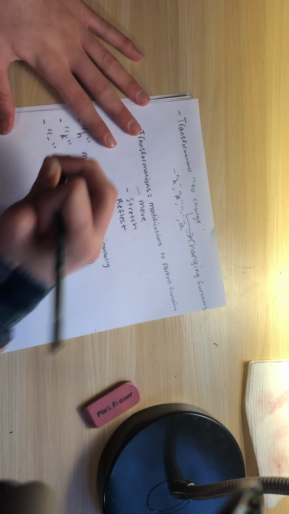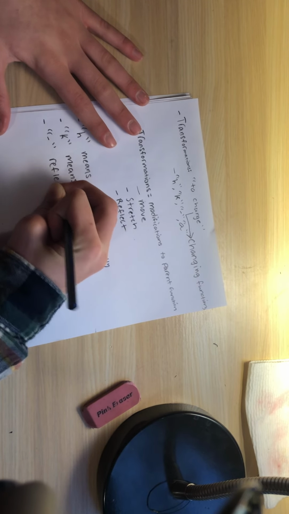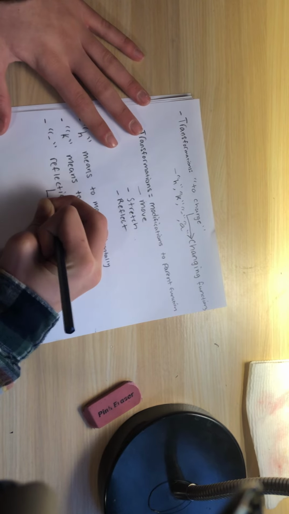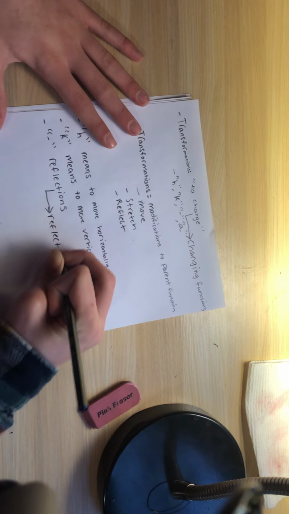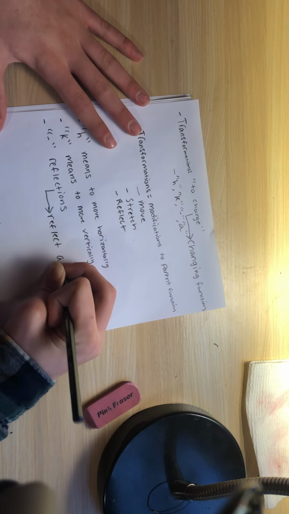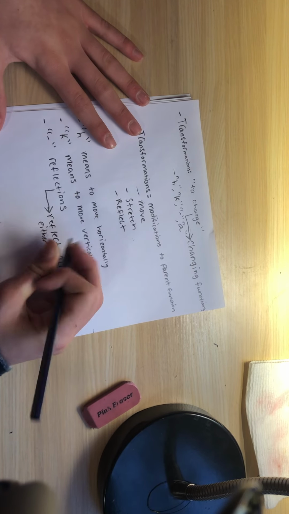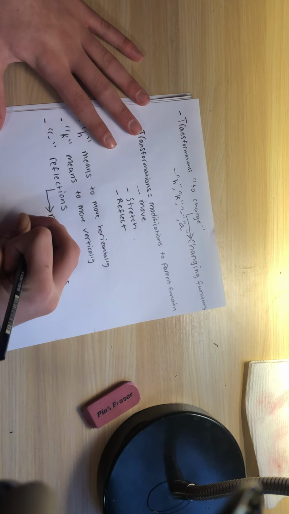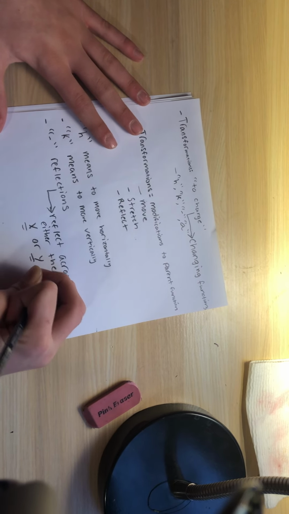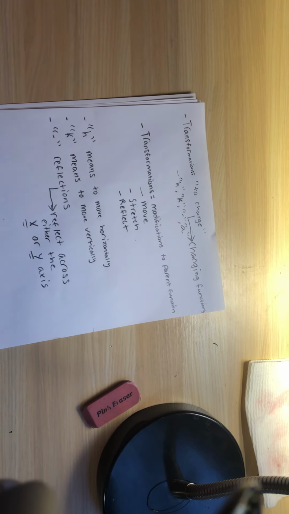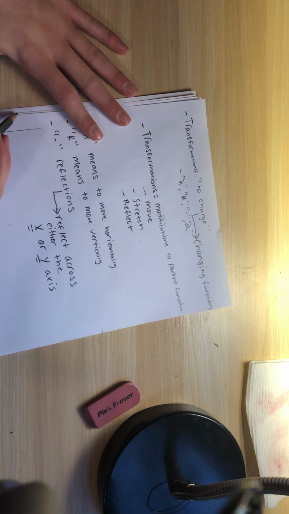And then this dash mark means reflections. So this means it can reflect across either the X or Y axis, and it will tell you. I'll show you real quick. So this would be a reflection across the Y axis.